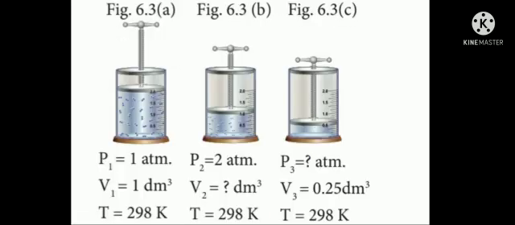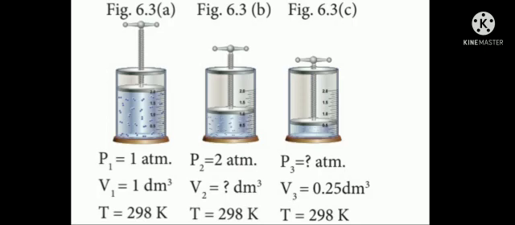In picture 6.3a, P1 equal to 1 atmosphere, V1 equal to 1 decimeter cube, T equal to 298 Kelvin. In picture 6.3b, P2 equal to 2 atmosphere, V2 we have to calculate, T equal to 298 Kelvin. In picture 6.3c, P3 we have to calculate, V3 equal to 0.25 decimeter cube, T equal to 298 Kelvin.